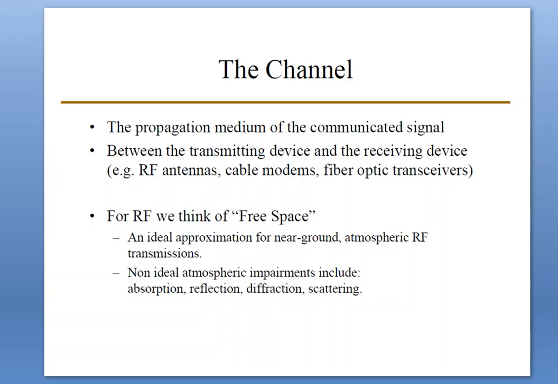For satellite links, the channel is occupied mostly by empty space, called free space. Although some atmospheric effects occur at altitudes up to 100 kilometers, the bulk of the atmosphere extends to an altitude of 20 kilometers.